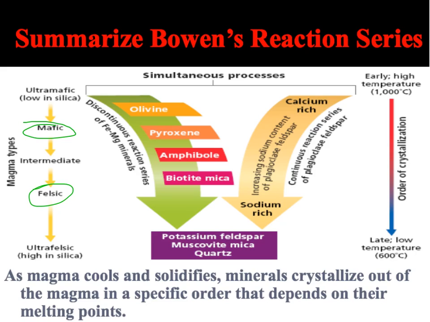And as we go down, if we look at the iron-magnesium minerals, right, olivine, pyroxene, amphibole and biotite mica are the ones that crystallize first, and then the very felsic, ultra felsic rich magma, you get your feldspar, your muscovite mica, and your quartz.